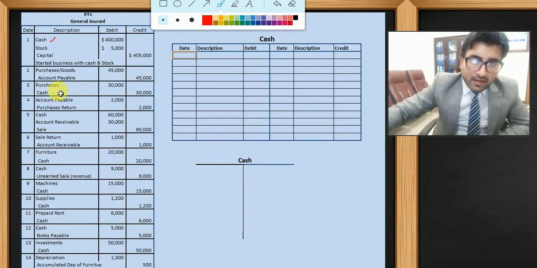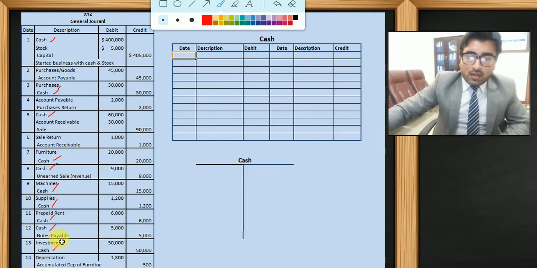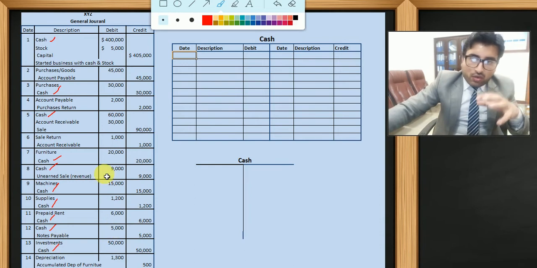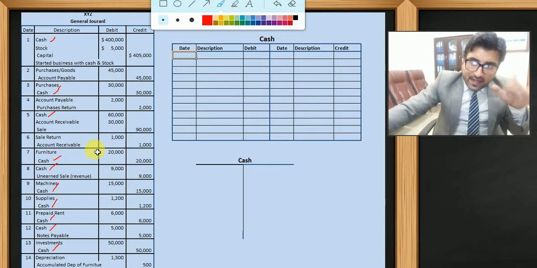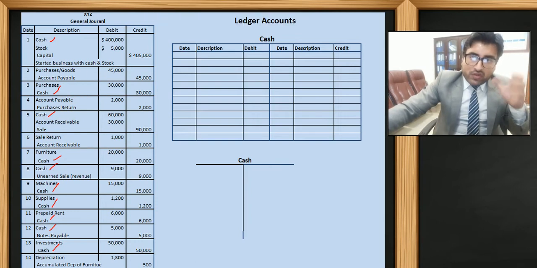In the third date we have cash, and also in the fifth, 7, 8, 9, 10, 11, 12 and 13. Very simple. Make sure how many transactions have cash, highlight them, and then post them.